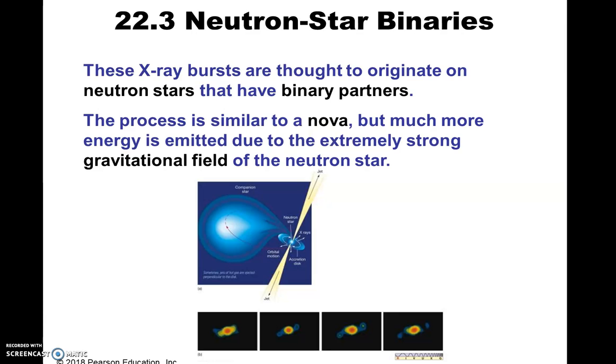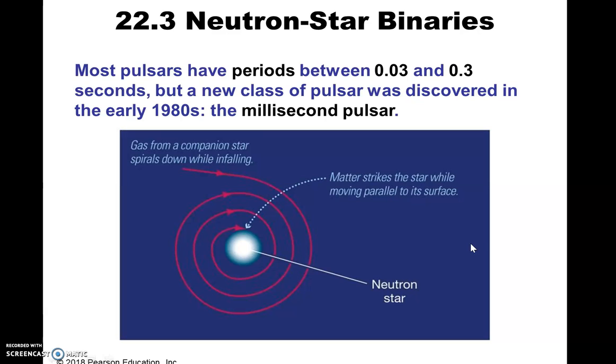And then when that material falls onto the surface of this really tiny object, remember, you're talking about a very, very tiny object, maybe 10 kilometers in diameter or so, maybe 20 at the most, you get this burst of X-rays because all of a sudden hydrogen is turning into helium. All right, and so this bottom picture is just an example of that. It doesn't last for very long, but that's basically what you see.